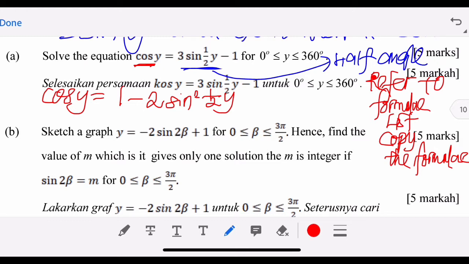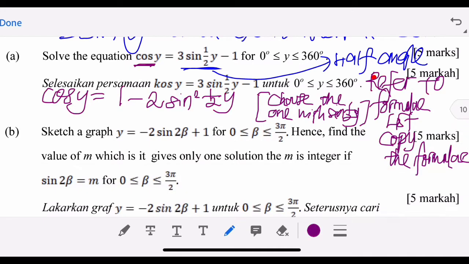Basically, when you see a trigo equation with cos and sine, you have to make it either all cos or all sine. So we will choose the one with sine half y as the terms.